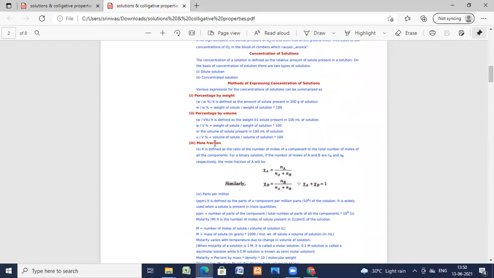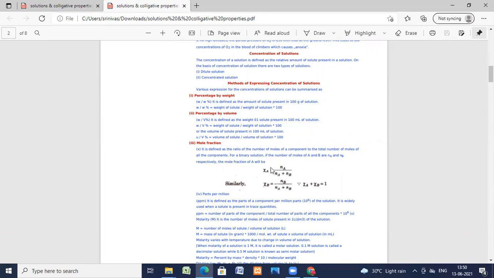Mole fraction is denoted by X. For a binary solution you will have two components, A and B, solute and solvent, with moles Na and Nb. So the mole fraction of A is Xa equal to Na by Na plus Nb, and Xb is equal to Nb by Na plus Nb.